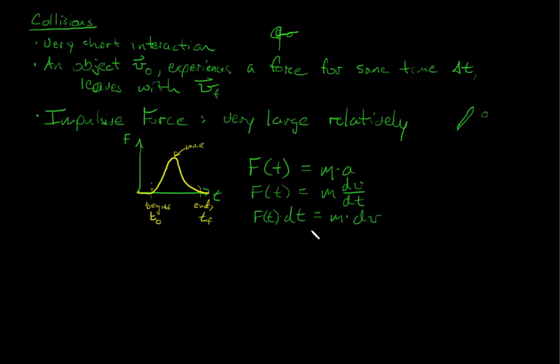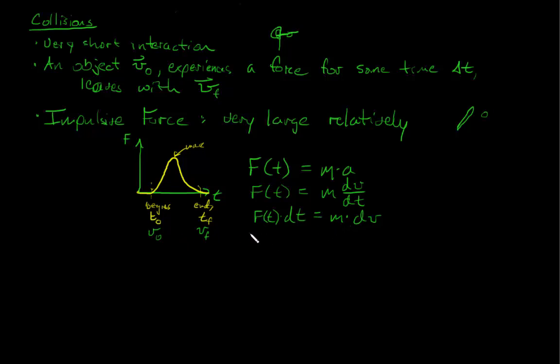And then the thing is that we don't want these d's. To get rid of derivatives, we can integrate. So we're going to integrate from the initial time to the final time for this side. And over here, this is velocity. Well, the object comes in with v naught and leaves with some other velocity, so we'll integrate over this interval on the other side.